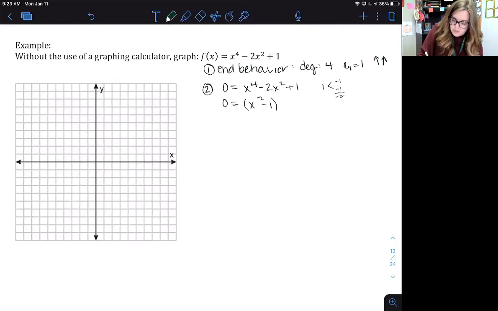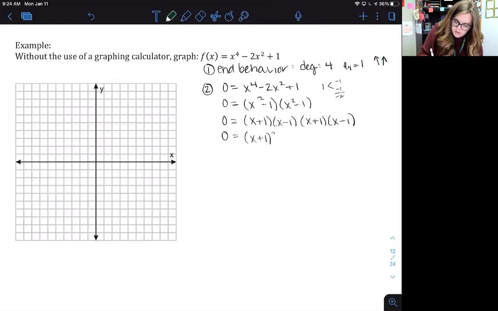And I'm going to actually write this out twice, x squared minus 1. Because x squared minus 1 can factor further and give us x plus 1 times x minus 1, x plus 1, x minus 1, which we can rewrite as the quantity of x plus 1 squared times the quantity of x minus 1 squared.